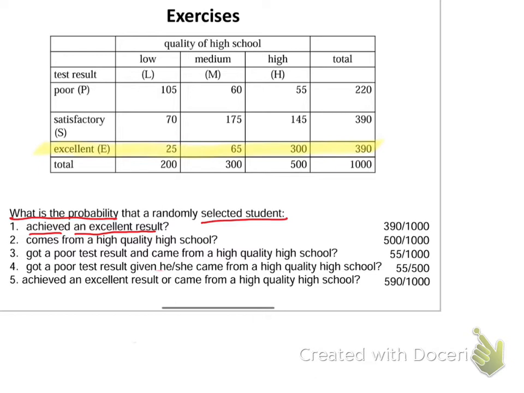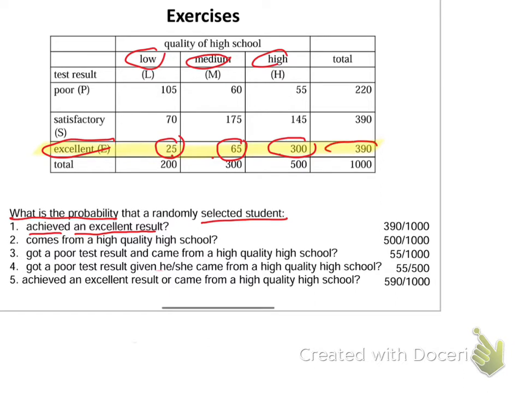I have 25 students who scored excellent grade in the low quality school, 65 in the medium school, and 300 in the high school. The sum would be 25 plus 65, which is 90, plus 300 equals 390.